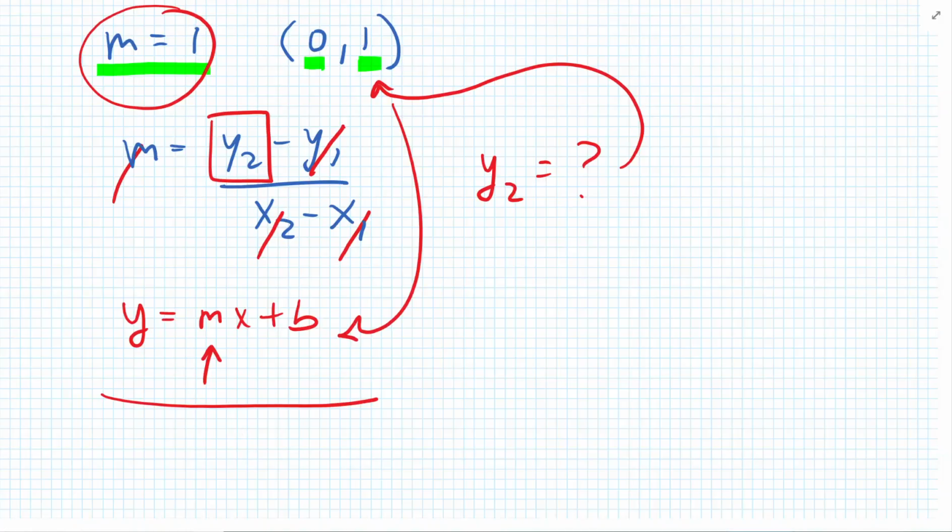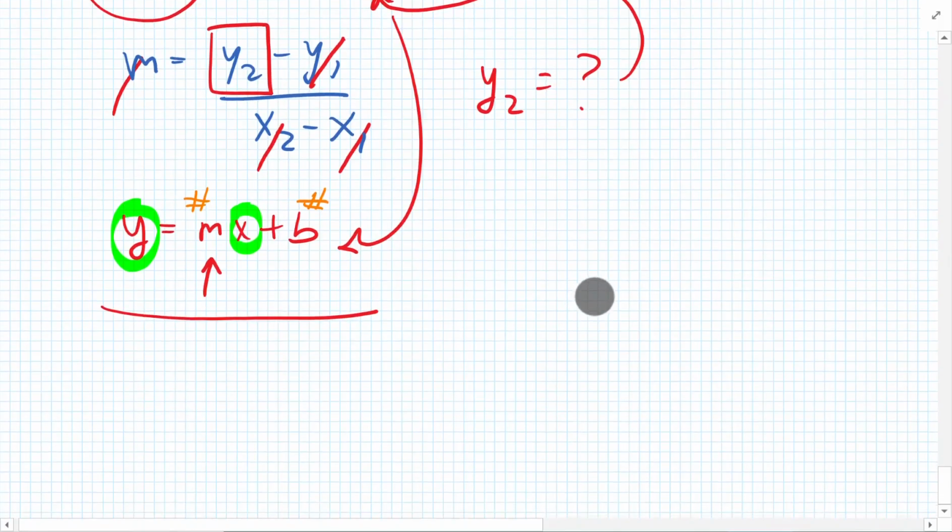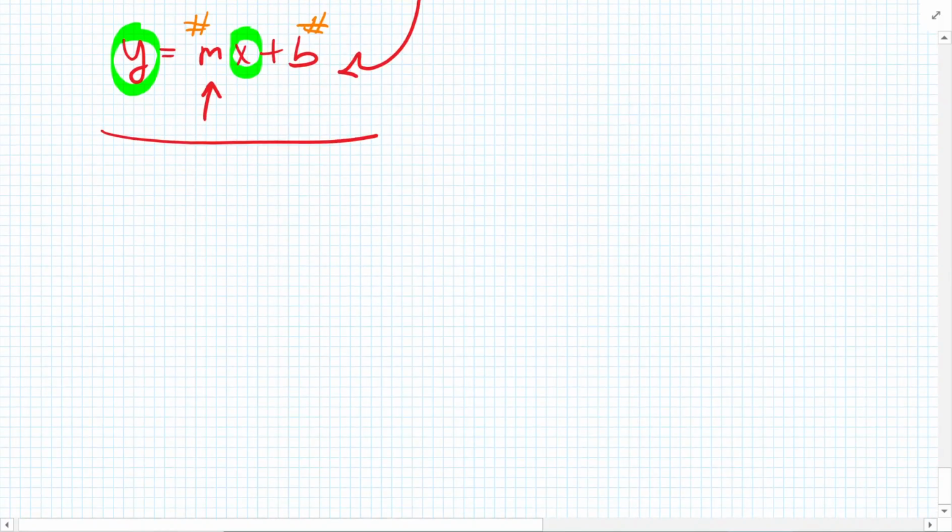But what I want to point out here is we have a y term and an x term and two numbers. So in setting this problem up, we're going to have y. Let me start. We have slope equals y2 minus y1 over x2 minus x1.